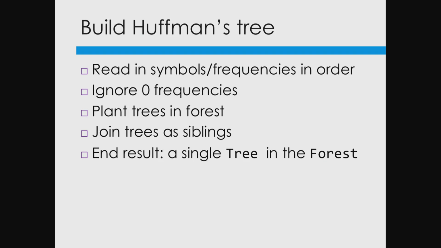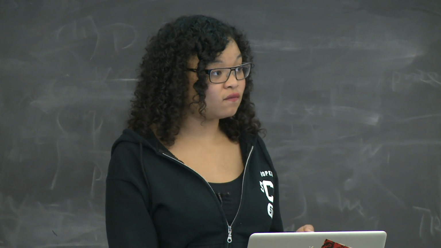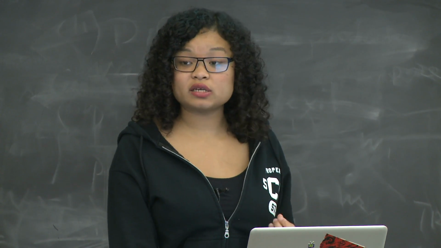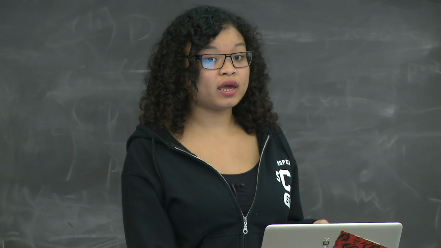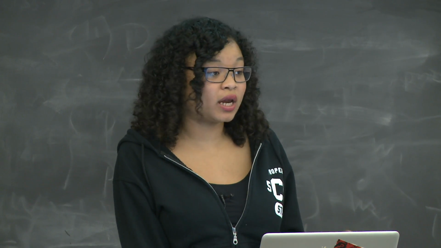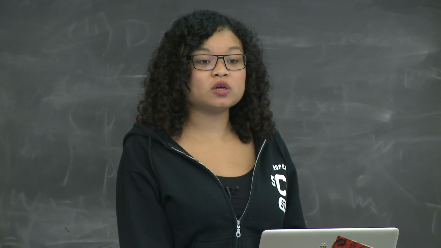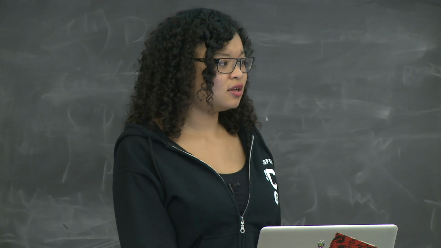Okay, so to build Huffman's tree, you can read in the symbols and frequencies in order, because the Huff header gives that to you. It gives you an array of the frequencies, and you can just ignore anything with a 0 in it, because we don't want 256 leaves at the end.